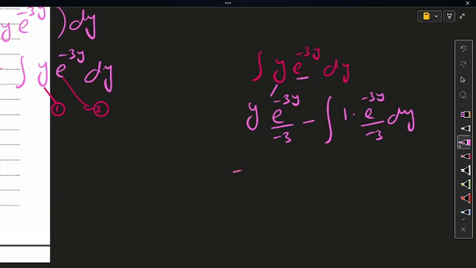That becomes minus y times e raised to the power minus 3y by 3, minus minus becomes plus, e raised to the power minus 3y by 3 dy.